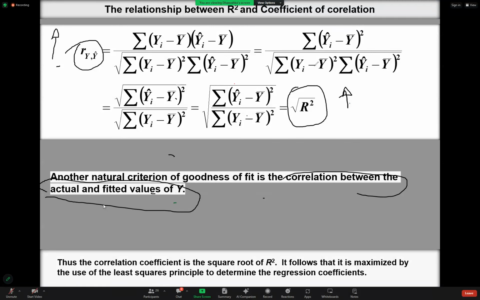These are the things that you should know about R square. Is it clear? Should I explain more? Okay, then we can do a quick exercise.